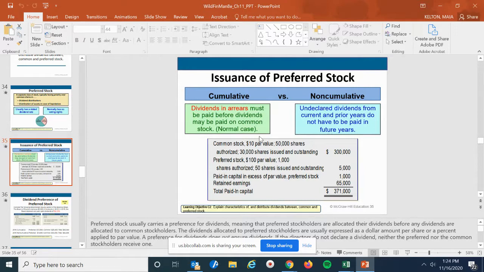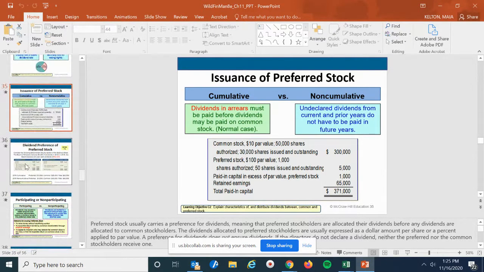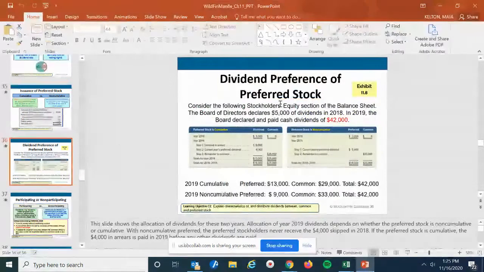So all the dividends in arrears will be paid, all the dividends they owe for the current period will be paid before any common stock dividends are paid. So yes, for preferred stockholders to benefit, they have to pay more, but they're also guaranteed a dividend, and that dividend is usually expressed as a percentage of that par value.